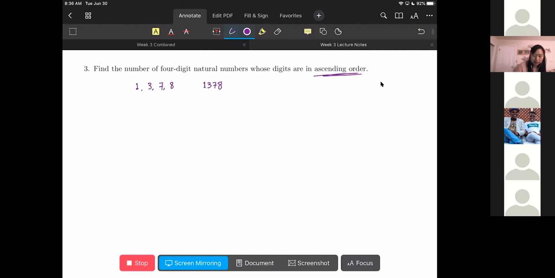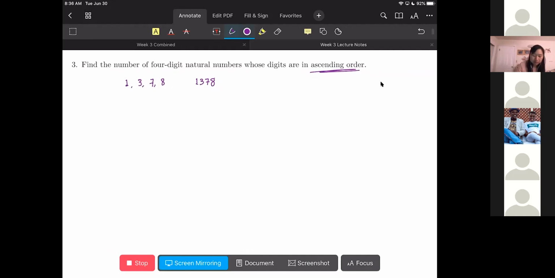So let me explain how we could do this one. We could look at what are the possible sets of digits, because for every set of 4 digits, that maps to one natural number that satisfies this property. For example, for the set 1, 3, 7, 8, there's one number that it can form whose digits are in ascending order.